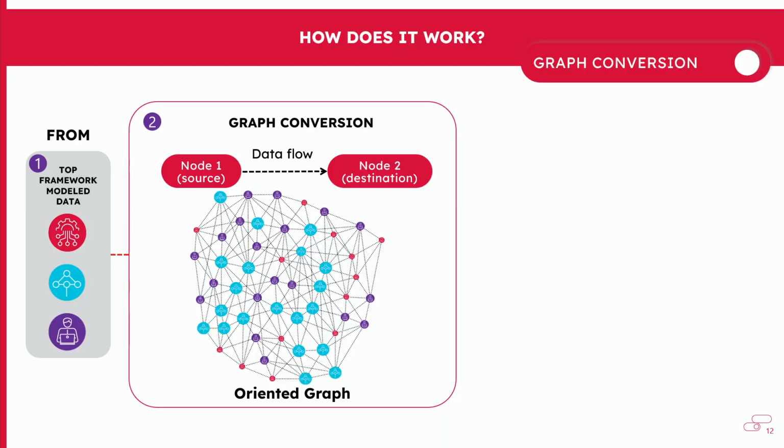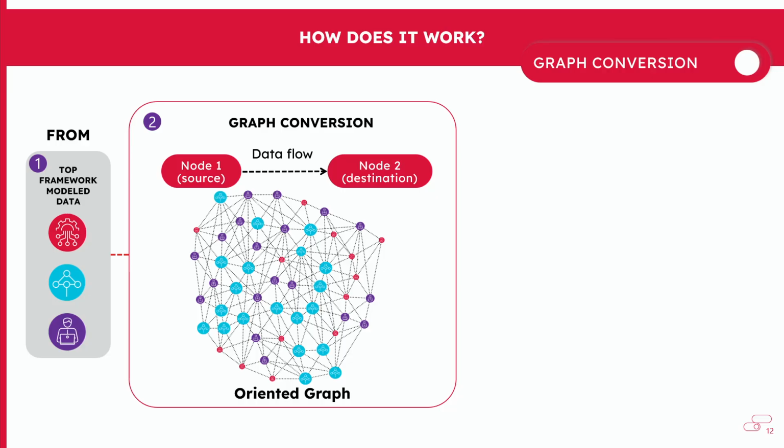Once we have this model coming from the TOP framework, the next step is based on graph theory. Graph theory is very well known, and different methods and algorithms have been developed across the years. The idea is to take the source and destination I just described and put them into nodes, from node 1 to node 2, with some data flowing from one to another.